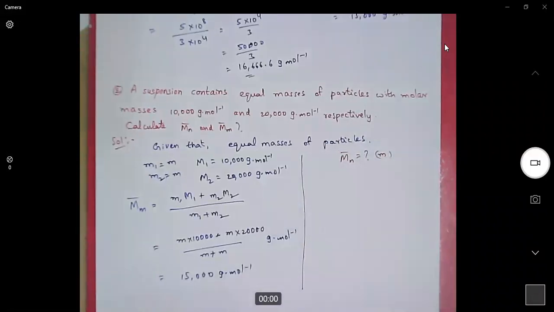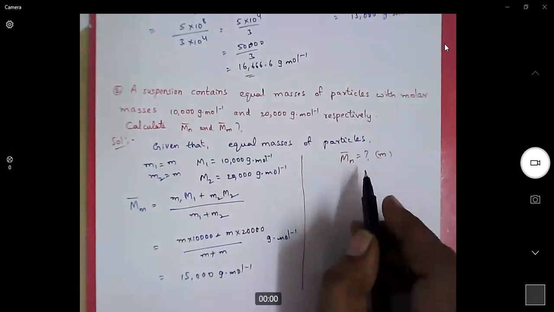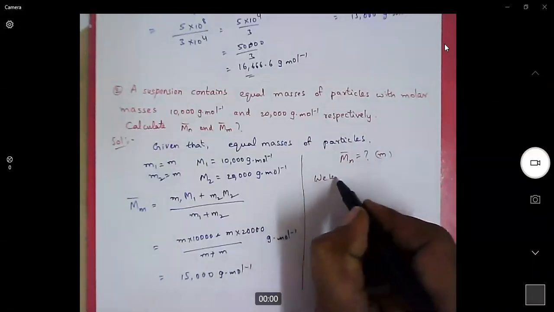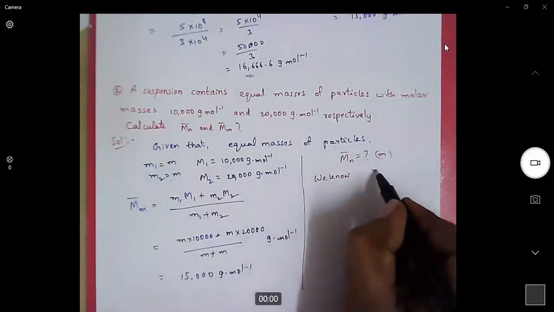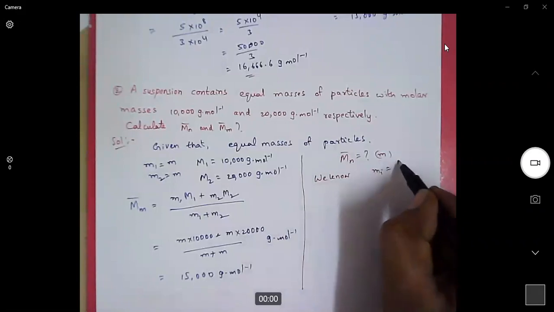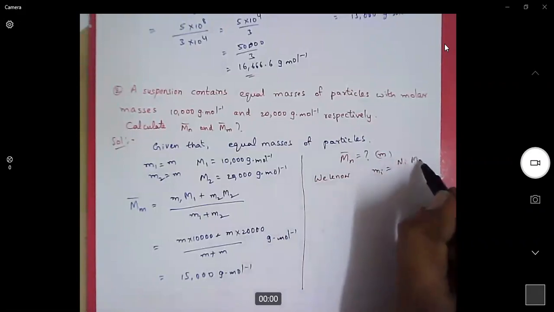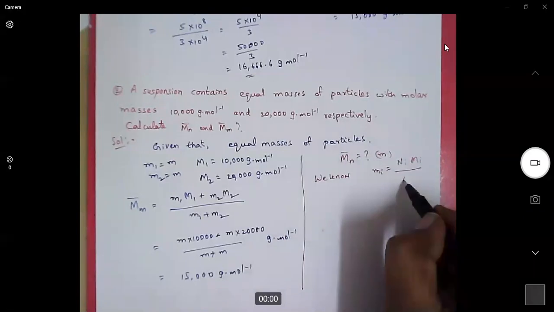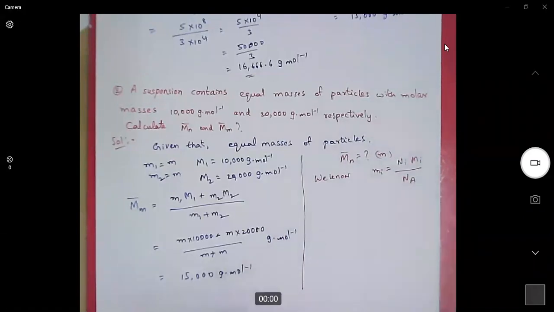So we need to convert the mass into numbers. For that, we will use this equation. Mass fraction is given by number fraction multiplied by molecular weight fraction divided by total number.